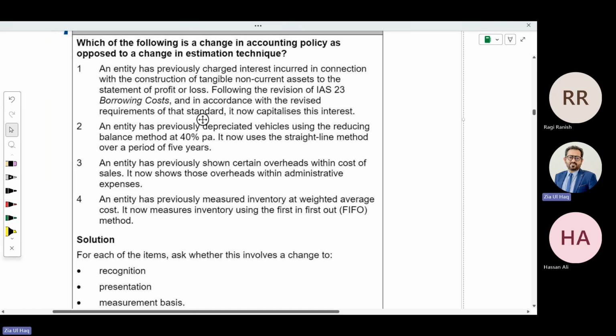In the case of a recognition change, presentation change, or measurement basis change, that is a policy change.